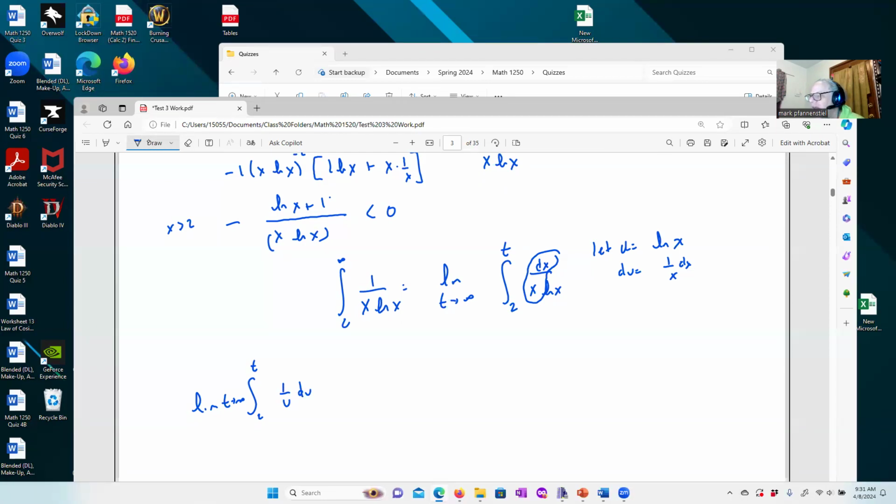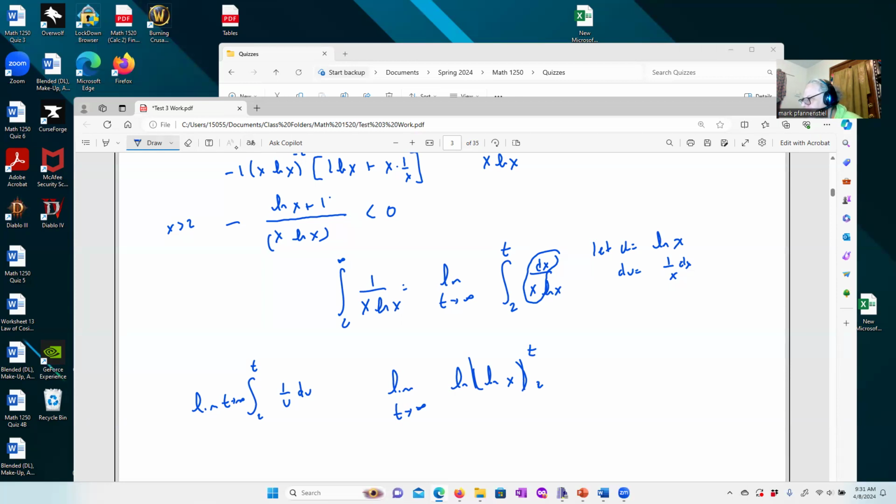Go ahead and integrate that, and we end up with the limit as t goes to infinity of the natural log of the natural log of x. These would technically be in absolute values, so we are good with that. We go from 2 to t.